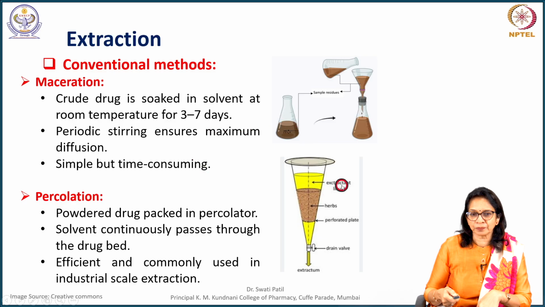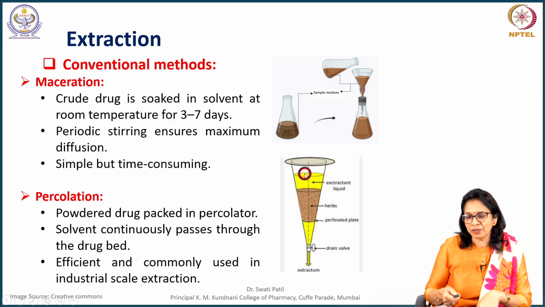Percolation: this is a percolator. The herb is packed here and the solvent is added from the top. The solvent percolates down this batch of herbs which is packed here. So, each time the herb is exposed to new solvent that is percolating.